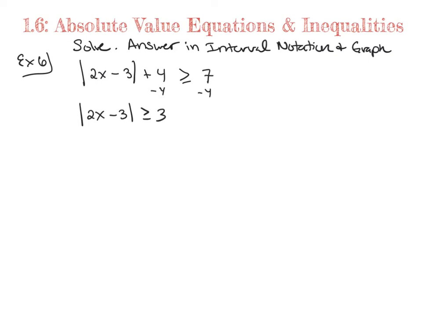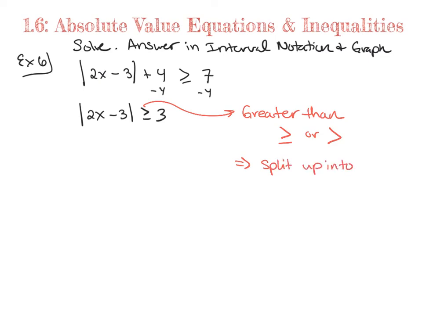If this sign right here is, as in this case, a greater than sign, it can have an equals to sign with it or not, but if it's a greater than sign, then you're going to split this up into 2 inequalities.